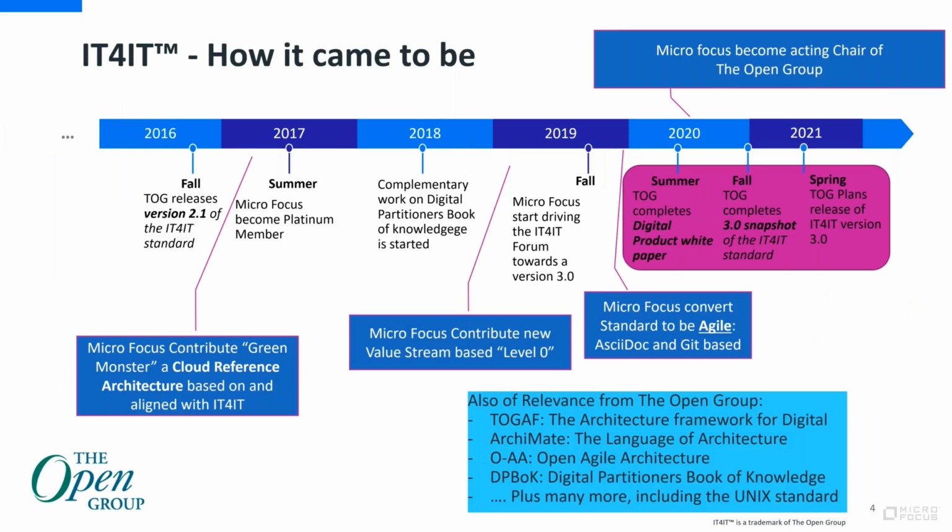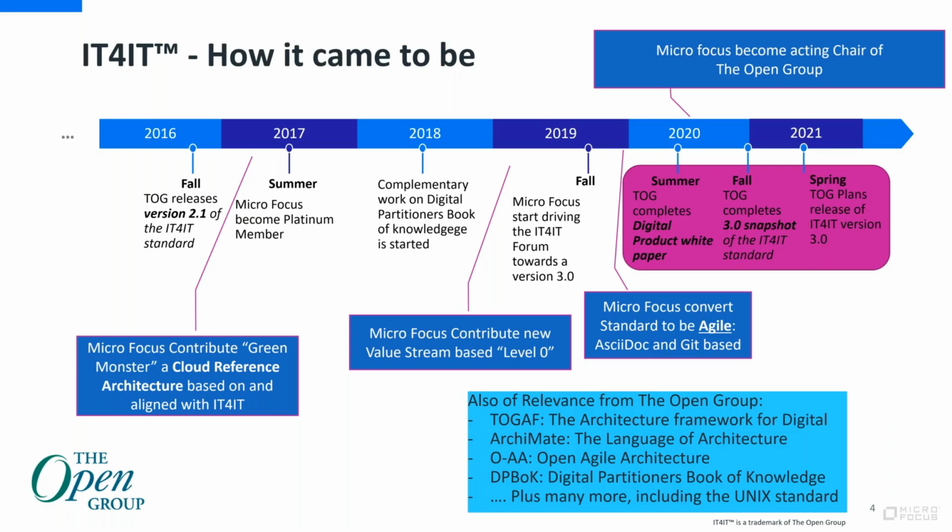But the story continues, of course, and so we are just in the final rounds of wrapping up version 3.0. It'll be released first as a snapshot, probably here in January. And then a fully wrapped up standard 3 months later, approximately. We also recently published a digital product white paper. So the shift from project to product is what it's all about.